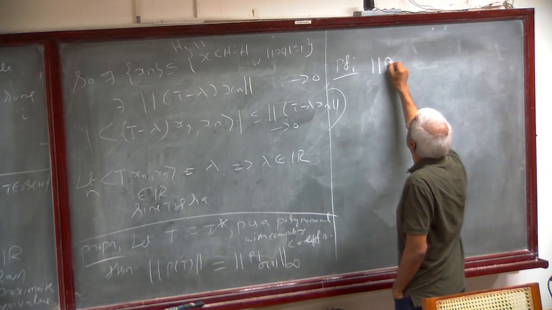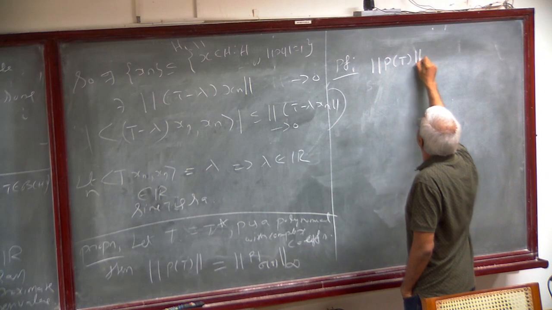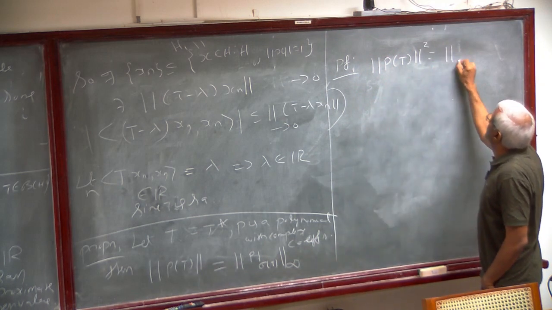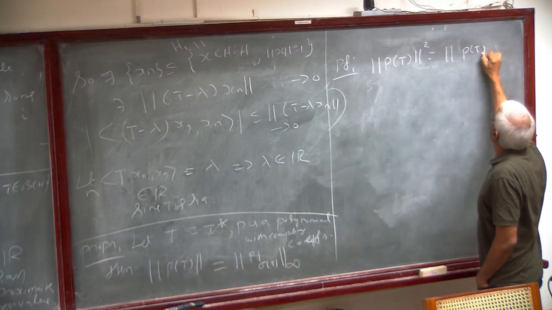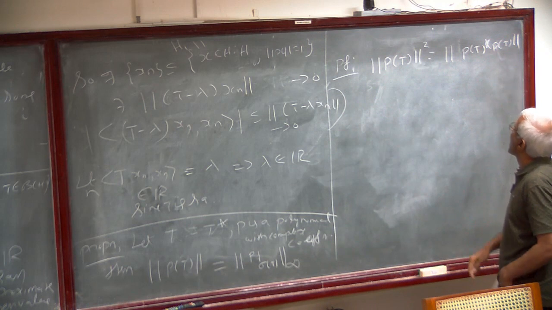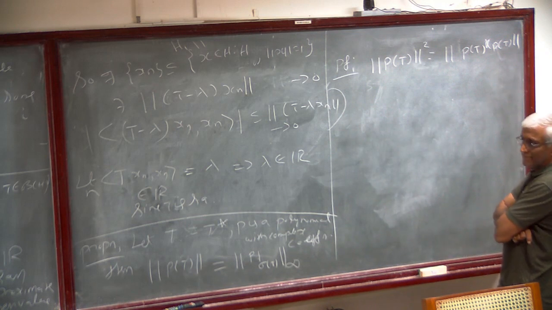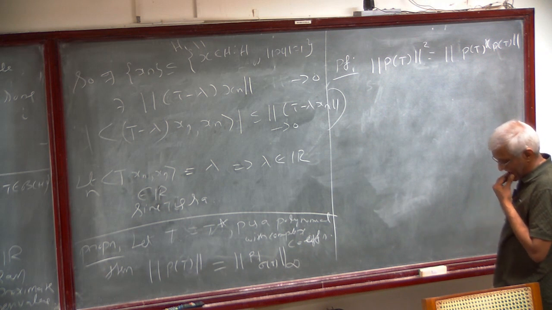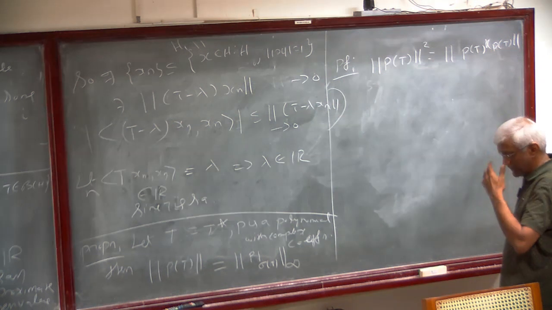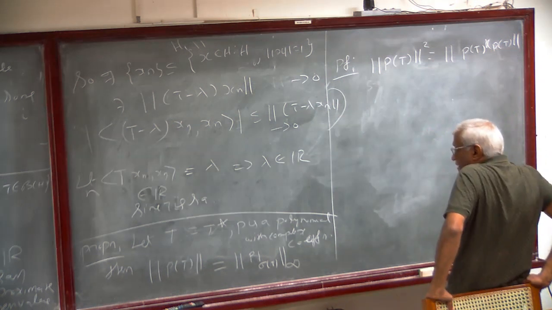So the norm of P of T squared is equal to the norm of P of T star P of T. No, that's no problem.